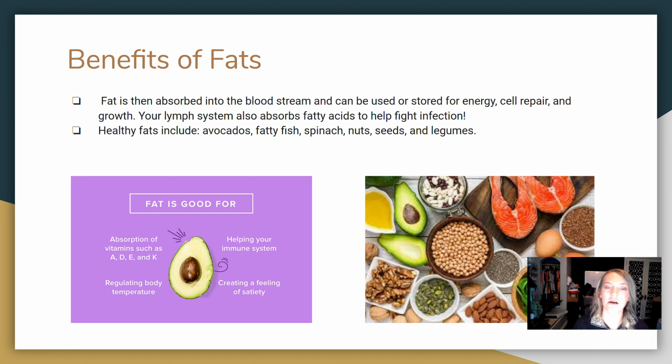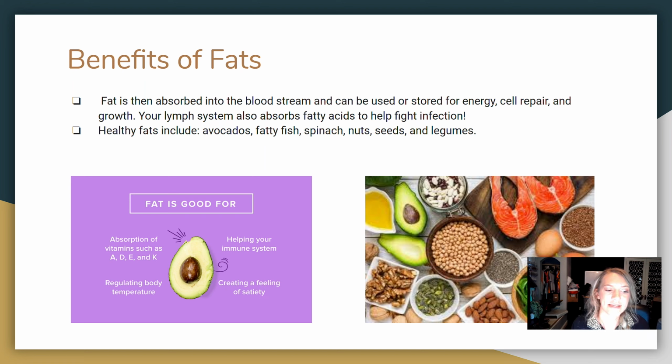There are 2 types of fats. One is unsaturated fats, which are the good fats, and the other is saturated fats, which are a little more unhealthy fats. A little bit of saturated fats is okay, but you want to eat mainly unsaturated fats.